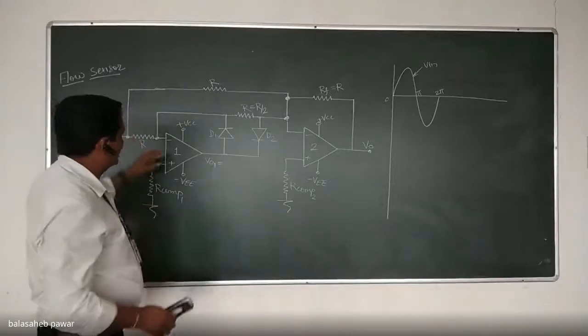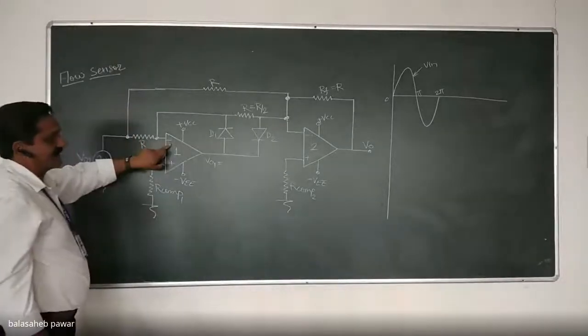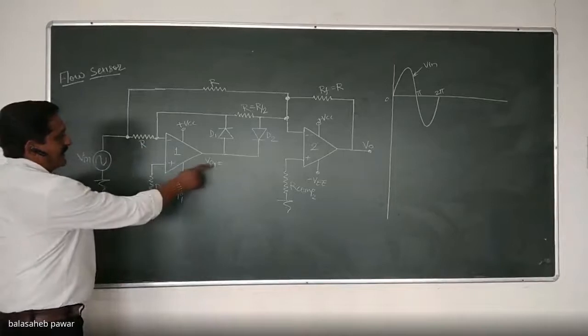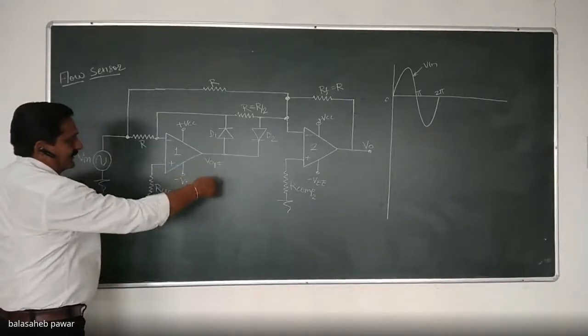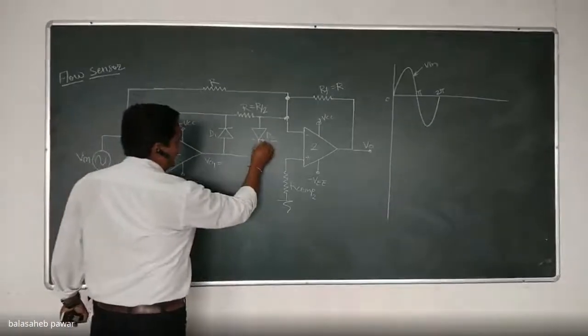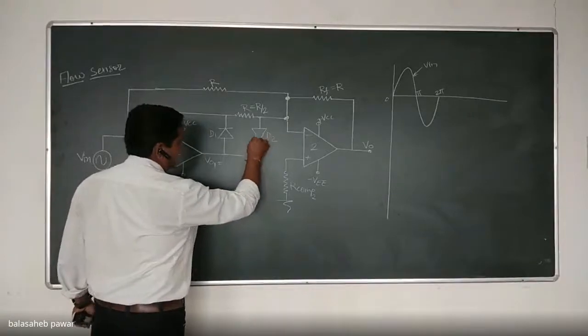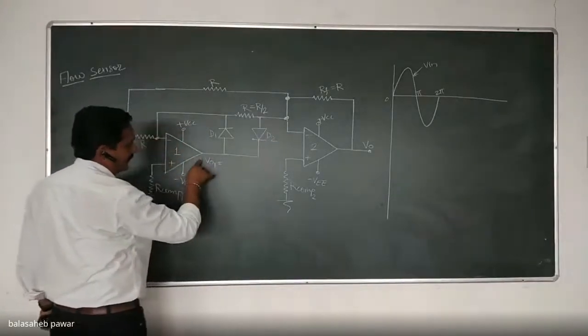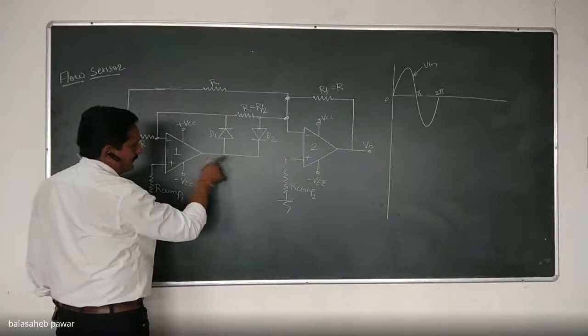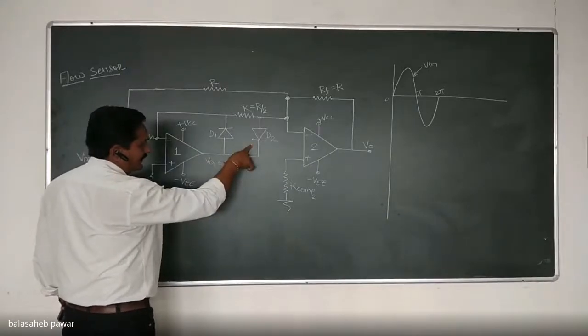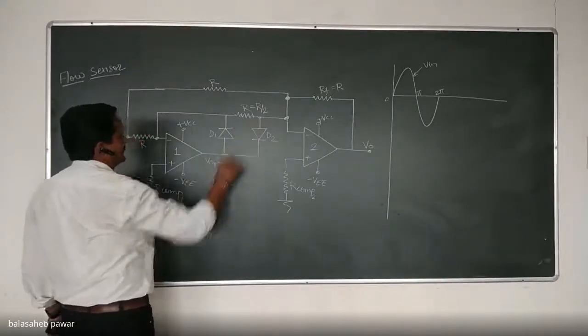Negative half cycle, yes, correct, because it is working in inverting configuration, right? So as the output will be negative, diode D2 will conduct. This cathode terminal is connected to the output of the op amp. So as the output of the op amp is negative, diode D2 will be in forward bias condition and it will start to conduct.